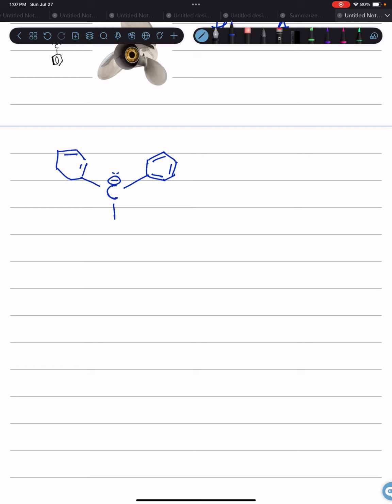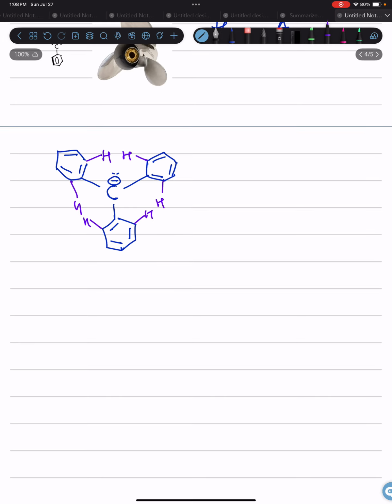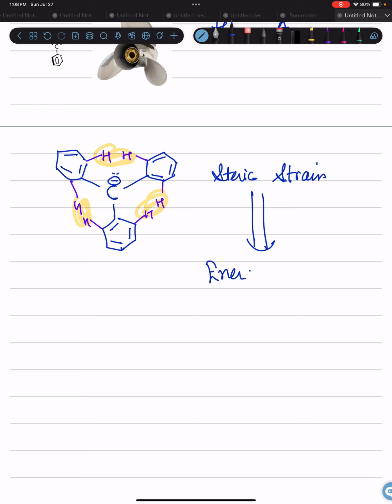And because of the presence of these phenyl rings, these hydrogens, their electron clouds, come quite close to each other, and because of which they start repelling each other. There is lots of steric strain. And because of the steric strain, the energy of the system increases, which means that the stability of the system decreases.